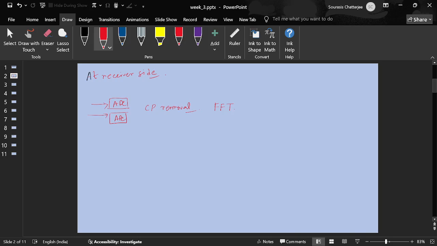Okay, correct. So basically we need to bring whatever we have received into the frequency domain. As of now, before FFT, they are still in what domain? Time domain to frequency domain conversion.